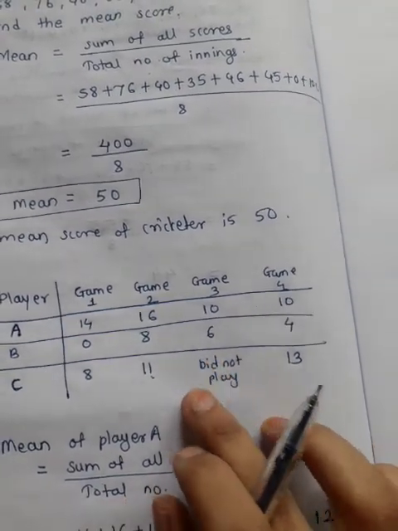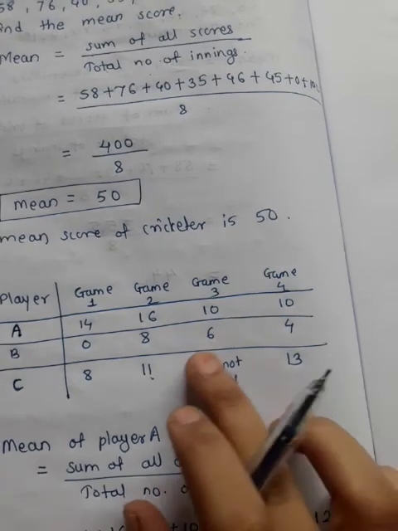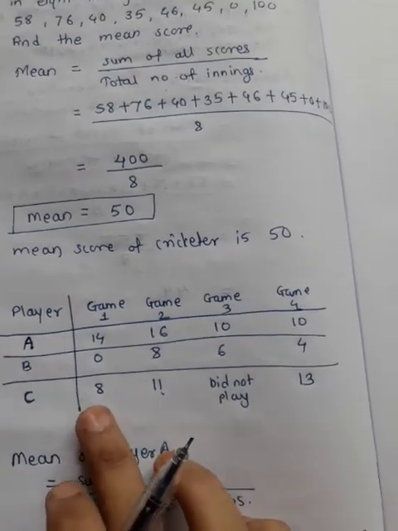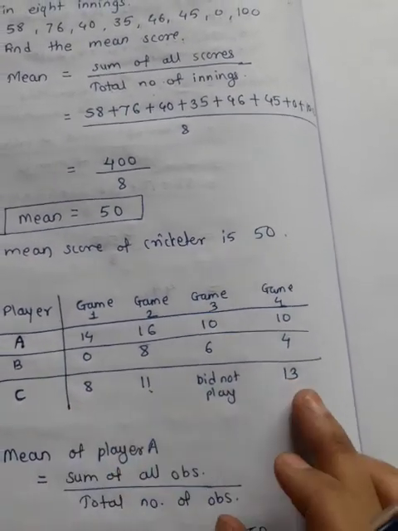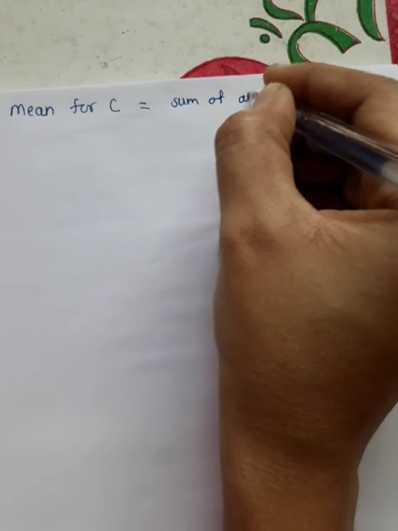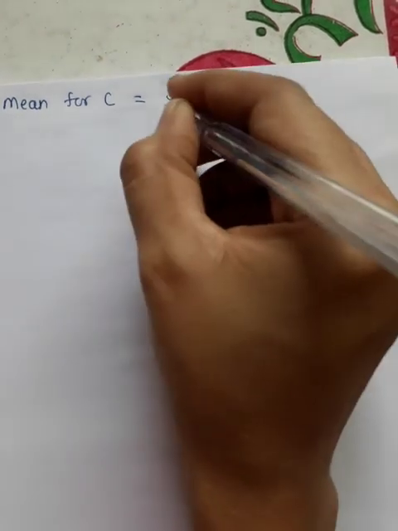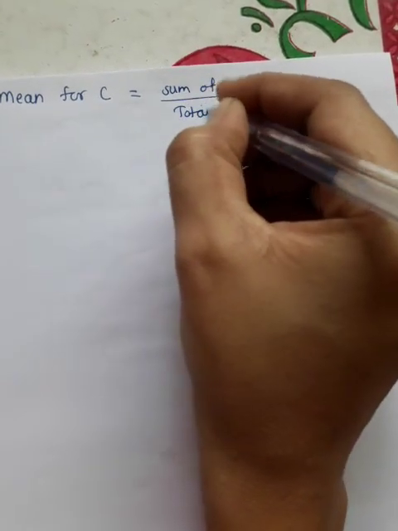So player C did not play one game, so here we have only 3 observations. Okay, so mean for C is equal to sum of all observations divided by total number of observations.